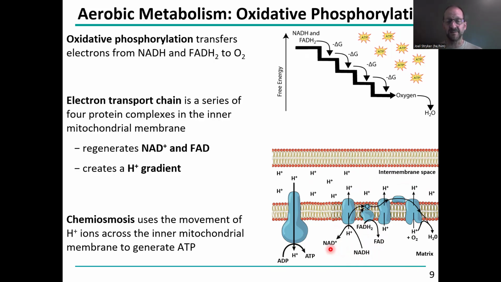If you don't have the NAD plus, then you can't even get glycolysis and other reactions going. So this regenerates the NAD plus so that those reactions can keep going, and the FAD as well. Both of those are important things, regenerating these electron carriers back to their form where they can accept electrons again and keep those other reactions going, also creating this gradient.